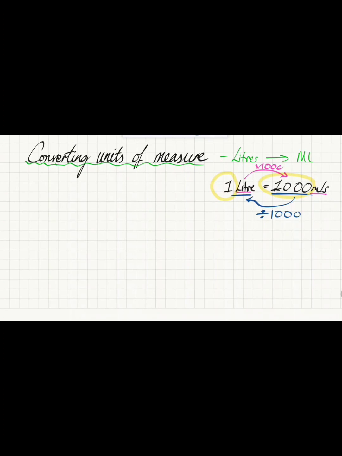So going off this rule then, let's look at a few examples. Let's say you've got a question that says convert 7.2 litres to millilitres.